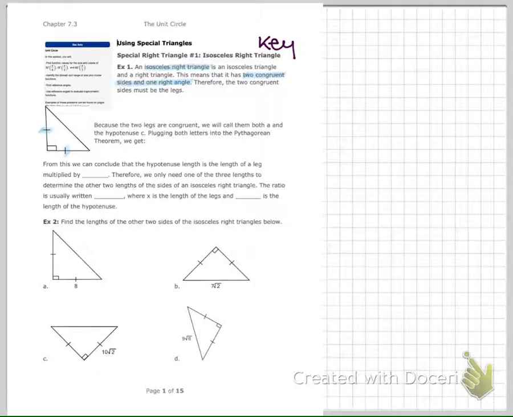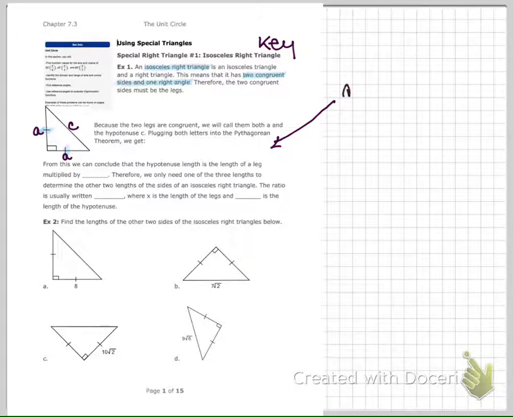That's helpful. Okay. We are going to label these two congruent sides A. They're the same size. Might as well call them the same thing. We're going to make our hypotenuse C. And so now we are going to take a look at the relationship between those. Keep in mind we use A and C so that we could plug in any number and we know that this relationship's going to hold.